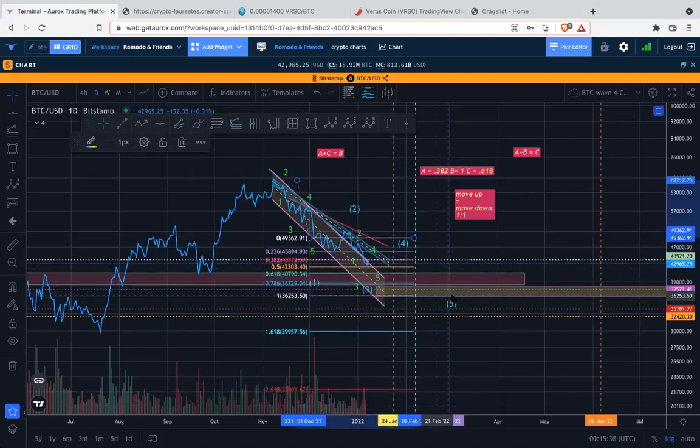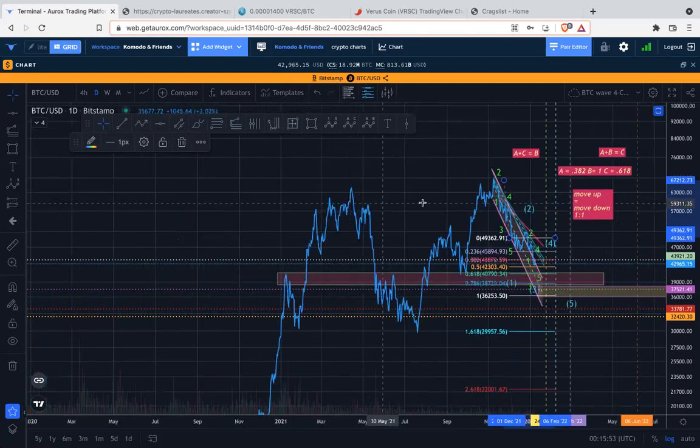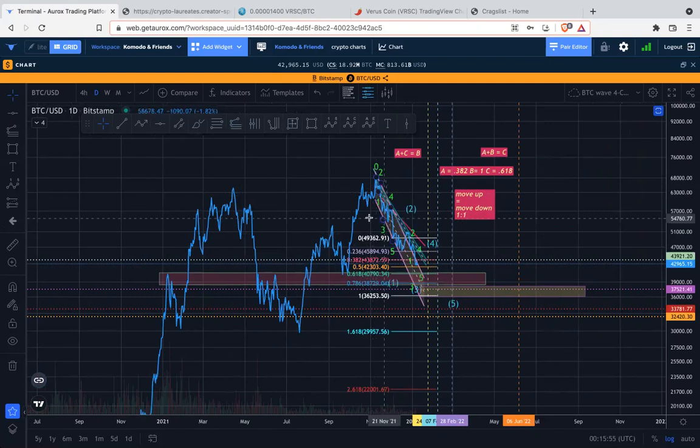We've already said that that's a great potential for the fifth wave, and that makes sense. That makes the 1 equal to 1, the 3 wave equal to 61.8, and the 5 wave equal to 38.2.